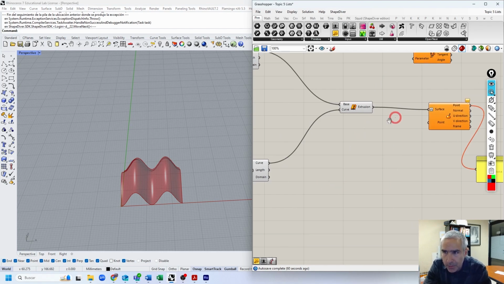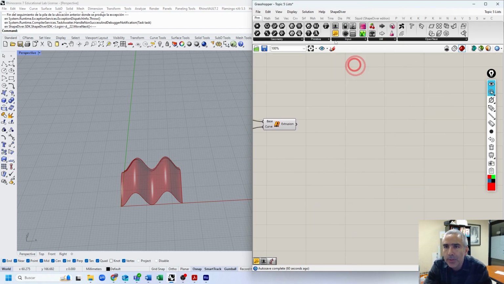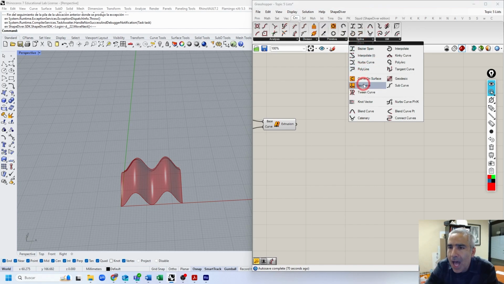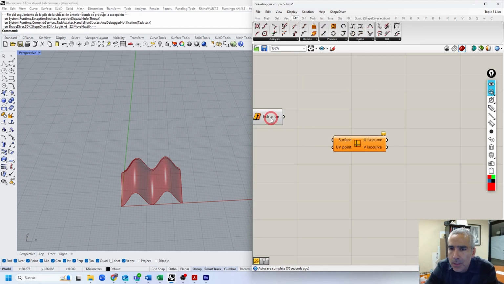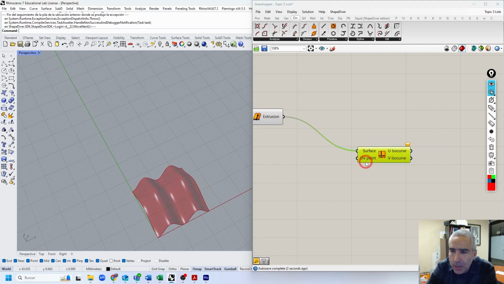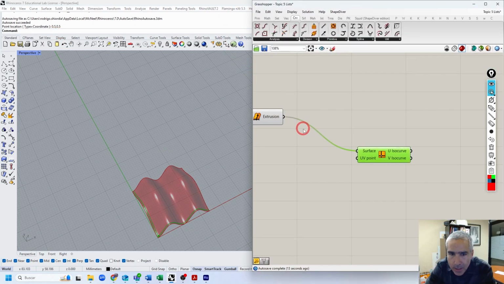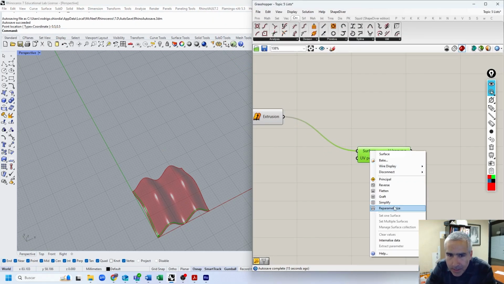So you can also use, for example, curve, spline, isocurve. So an isocurve will take a UV point. Let's just put that as 0.5 comma 0.5, like you see right here. Go enter, and then let's reparameterize.